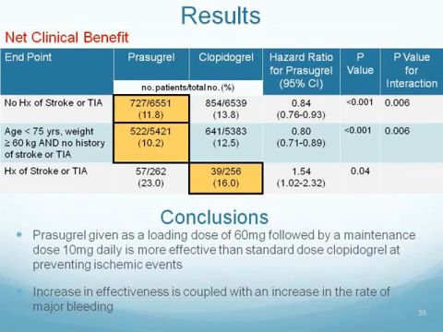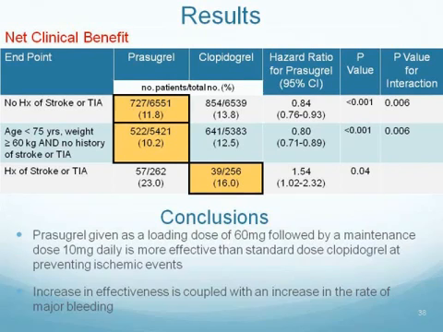Prasugrel was also favored in patients who were less than 75 years of age, weight greater than or equal to 60 kilos, and again, no history of TIA or stroke. And basically, you can see the hazard ratios, and the hazard ratio is 0.8, meaning that there was about a 20% benefit. And again, that was statistically significant.